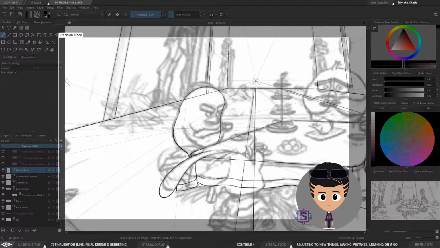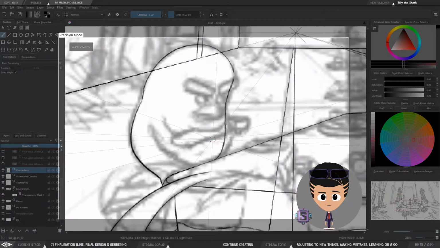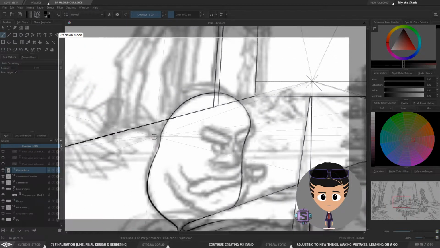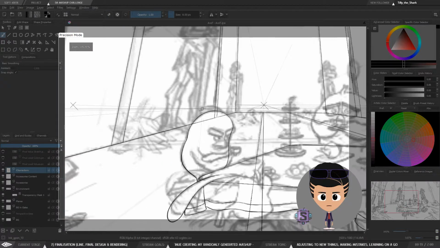So the hardest part is to work on the inner parts, of course, but before, let's just try to properly showcase the overall shape.